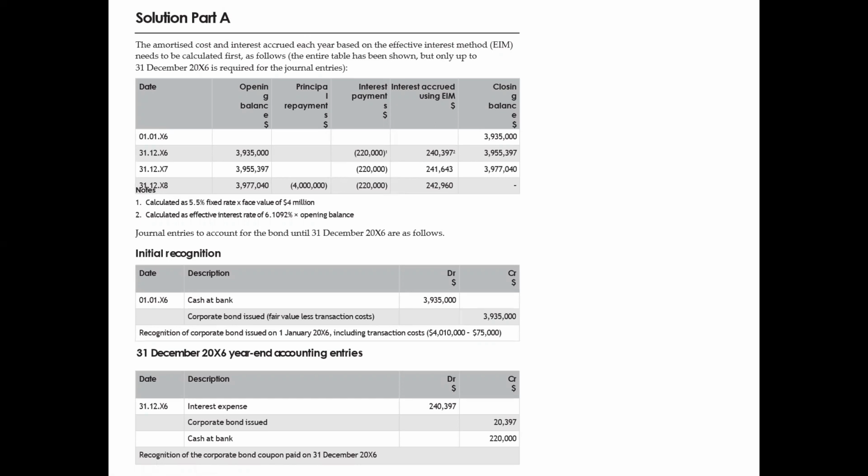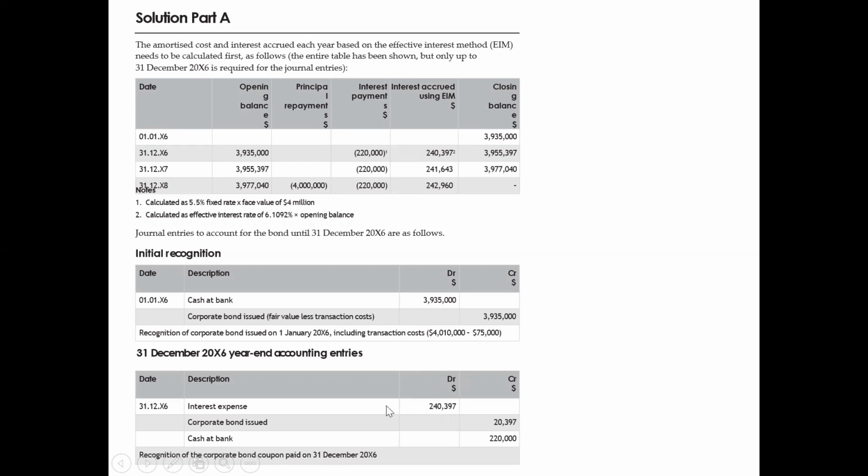Now, writing the journal entries for this is going to be much more straightforward once you know that the bond has been amortized. At the end of X6, what's happened is that we have recognized the interest expense using the effective interest rate method.